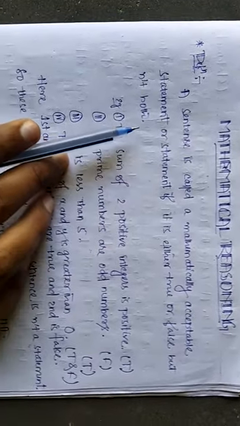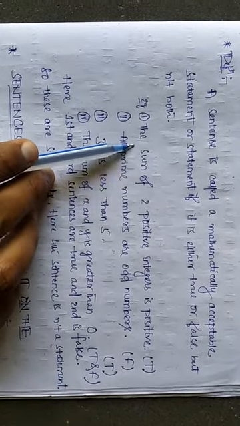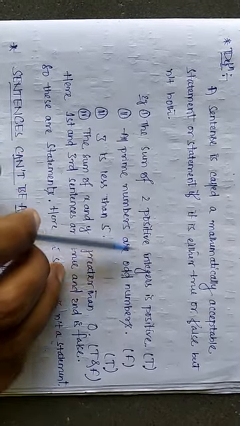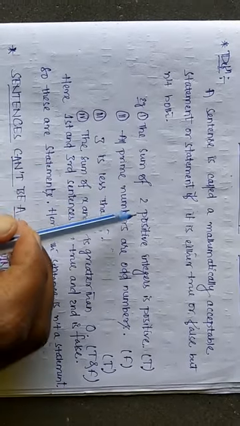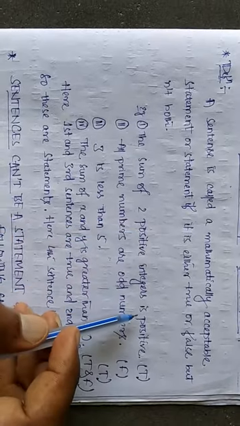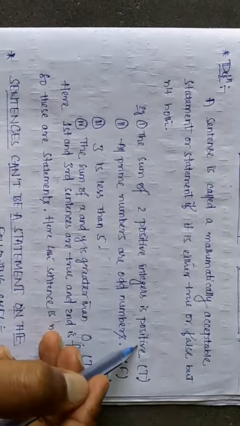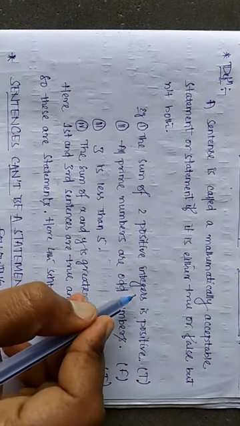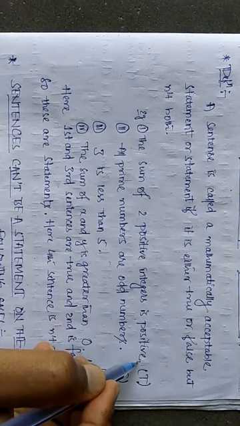Here I am going through the example. The sum of two positive integers is positive. Here we know this statement is true because when we add any two positive integers, the result will be positive.